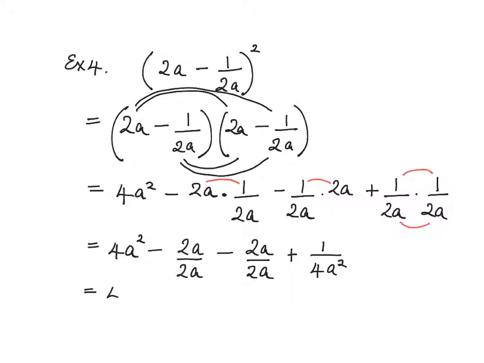Now, cancelling fractions. 2a over 2a is 1. 2a over 2a is 1. On the very last line then, 4a squared minus 2 plus 1 over 4a squared.